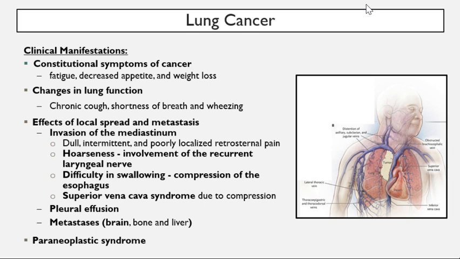And that's the superior vena cava syndrome due to compression, right? When you raise your hands, it compresses that whole area and causes a buildup of blood there. Pleural effusion, metastasis to the brain, bone, and liver. So the bone and the liver are also places that these lung cancers metastasize to.